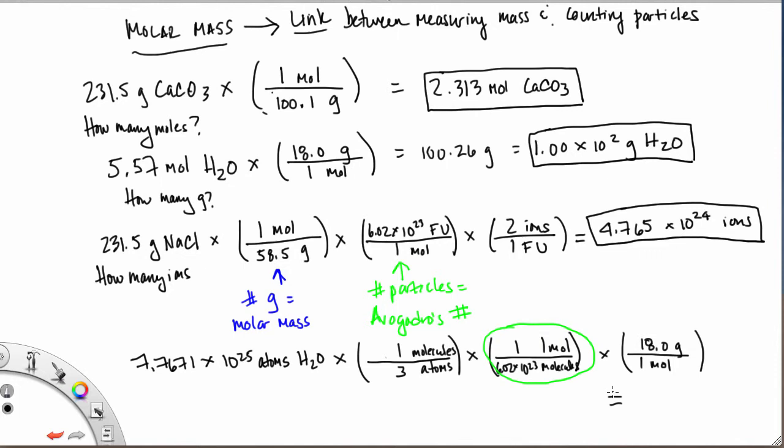So my problem is 7.7671 times 10 to the 25th. I'm going to divide by 3. Then I'm going to divide by Avogadro's number, 6.02 times 10 to the 23rd. And I'm going to multiply by 18.